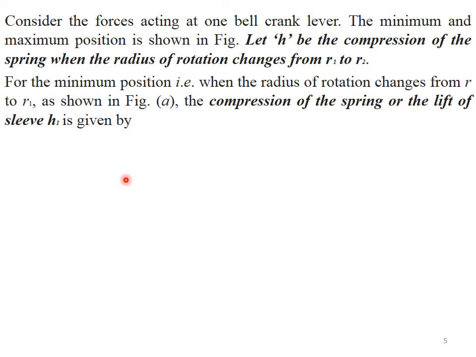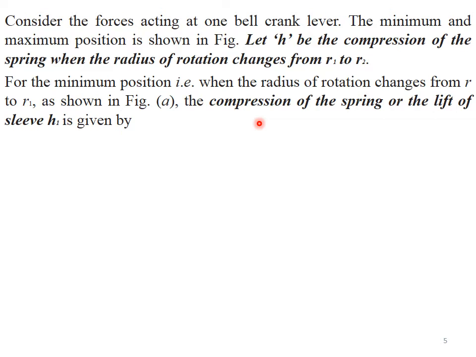First we consider the minimum position. For the minimum position, the radius of rotation will change from R to R1. R is the radius of rotation at its mid position. So when it changes from mid position to minimum position, how do we write the equation for compression of the spring?